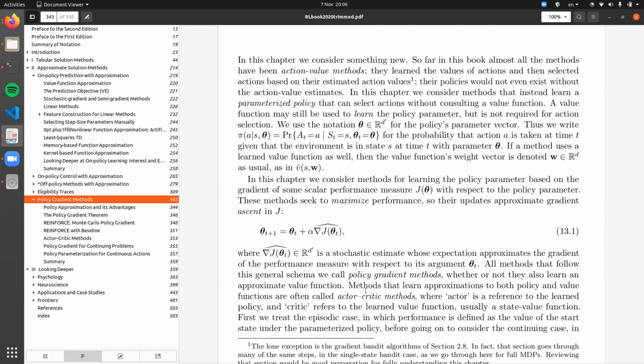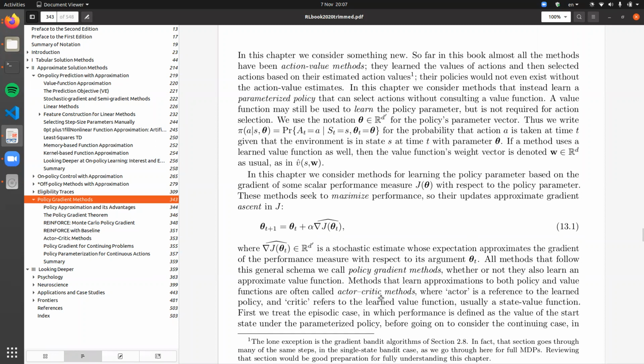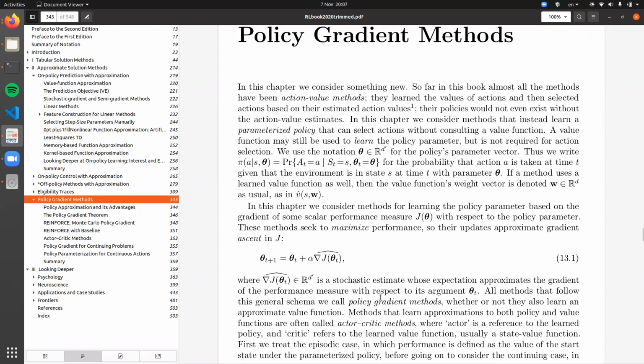So basically our function will output a probability of an action given a state, rather than producing the value for a certain state or state action pair. And in this way, we can get certain advantages as well as certain disadvantages.